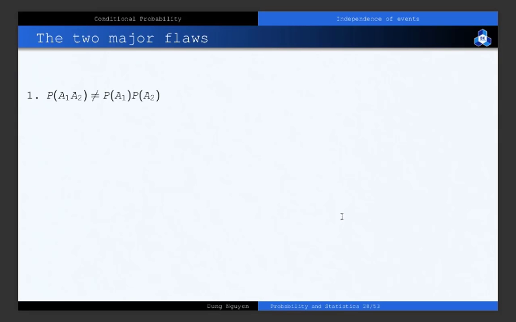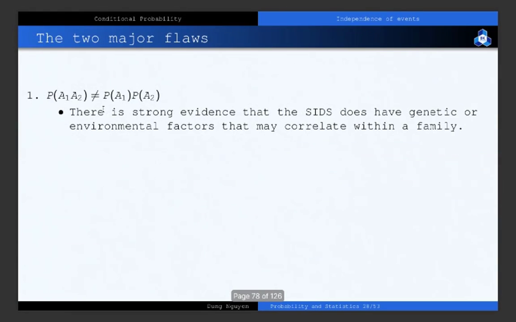He argued that the probability of A1 and A2 is the same as the probability of A1 times the probability of A2, where A1 is the event that the first child died, and A2 is the event that the second baby died. However, it is not true. Why? Because there is strong evidence that SIDS does have genetic or environmental factors that may correlate within a family.